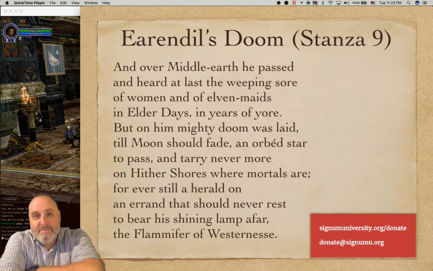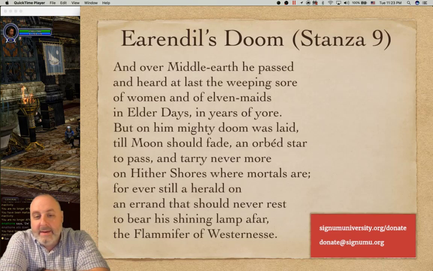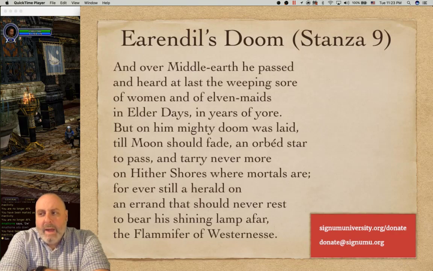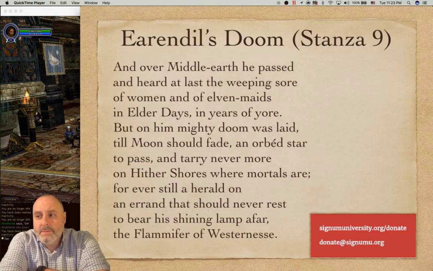It's about vertically, right? His doom is to tarry nevermore on hither shores where mortals are. He can't come to the shores. Okay, anyway, but he's a herald on an errand that should never rest, to bear his shining lamp afar.